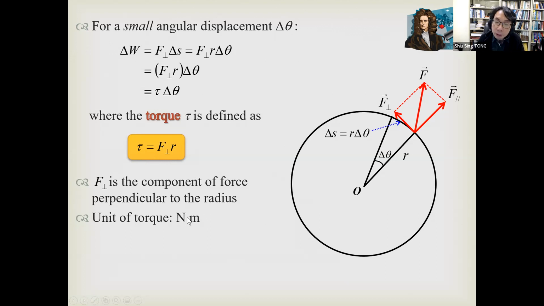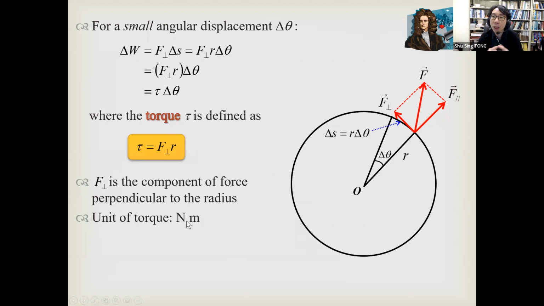Now you can see Newton meter is exactly the unit of work, because the angle delta theta, when expressed in radian, carries no dimension. So that means the dimension of the work done is the same as the dimension of torque, and that's the same as the dimension of energy. So the dimensions of work, energy, and torque are all the same.